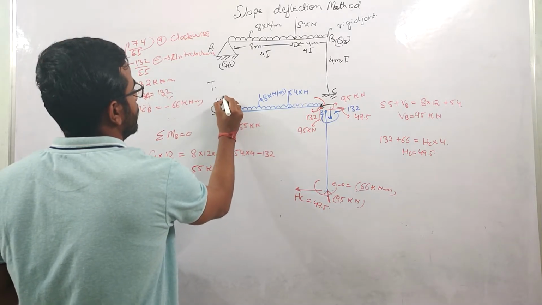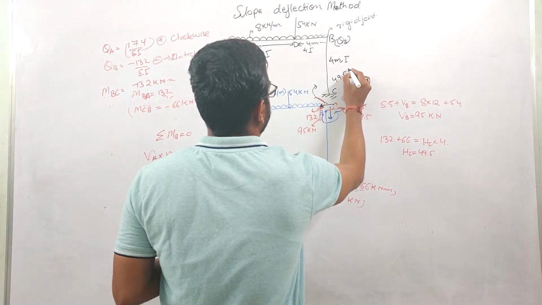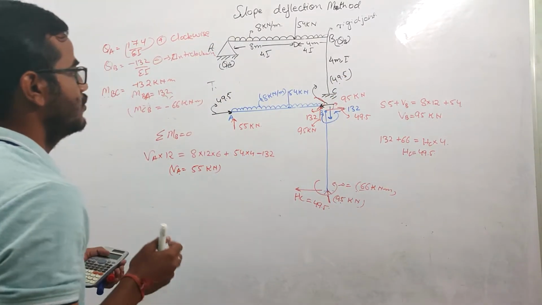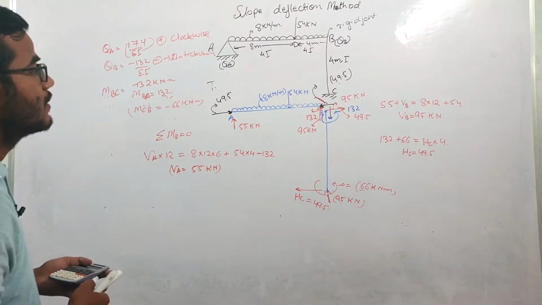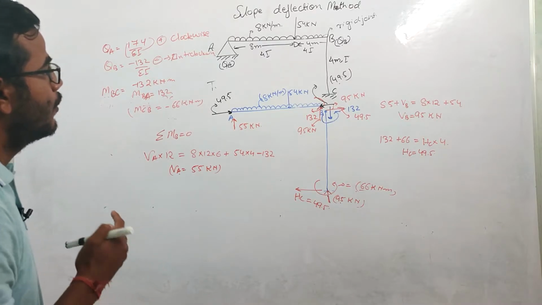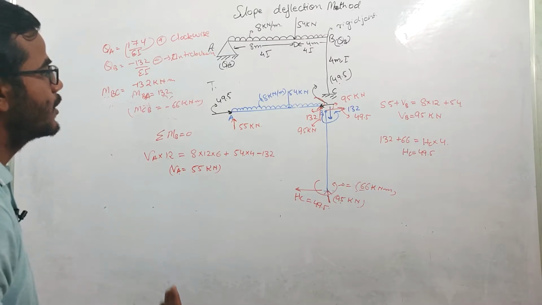So this value is again 49.5, this value is again 49.5. So this is the case, right? This is basically the free body diagram at these node points.